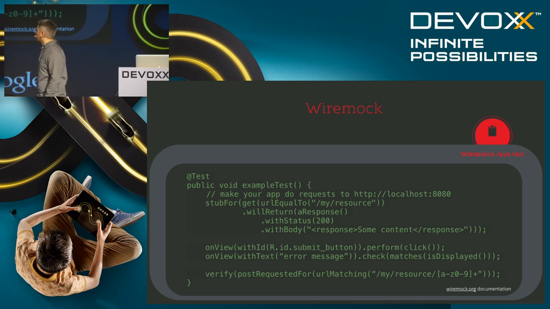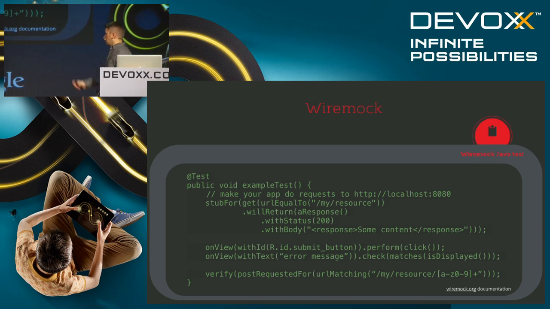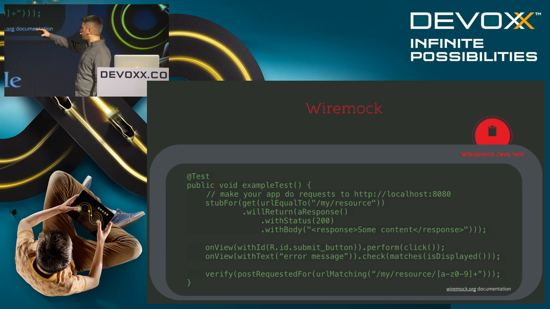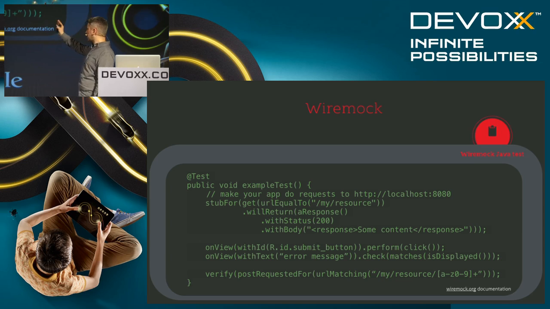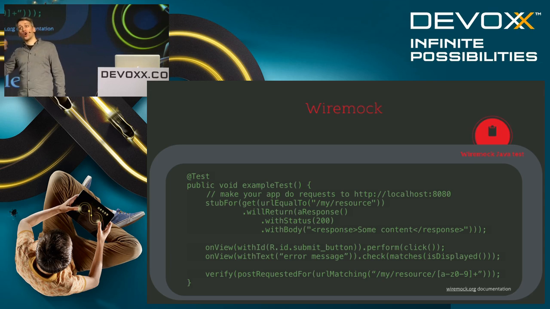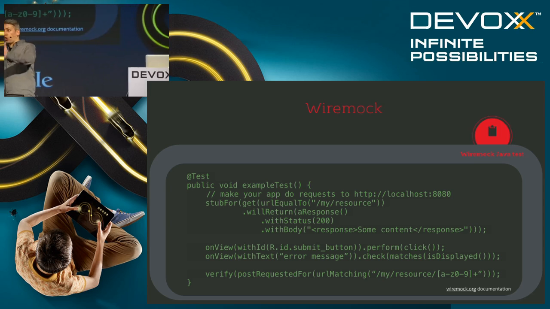What could you do if you use WireMock? You could quite readably say, step 4, a get request at my resource will return a response with status code 200, all okay, and a body, certain response. And then, for instance, I could say in my UI, okay, I'm going to go on view with ID submit button. I will click that button. I know that behind that, it should do all kinds of work.